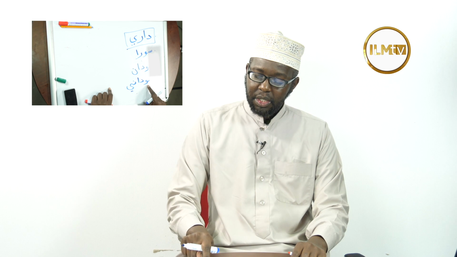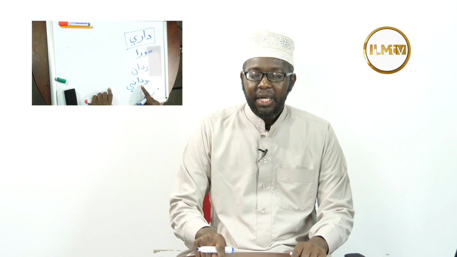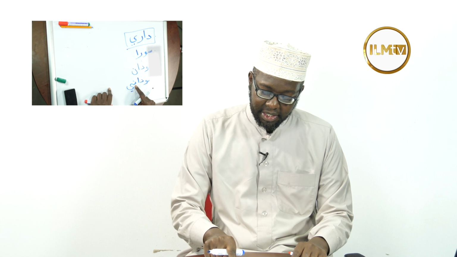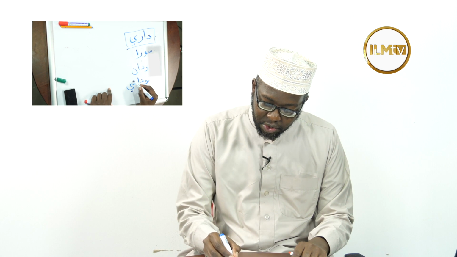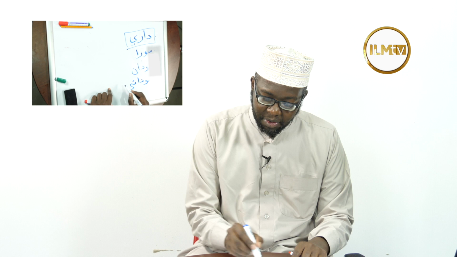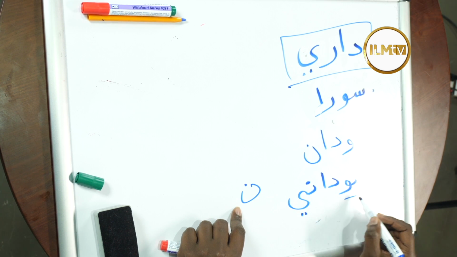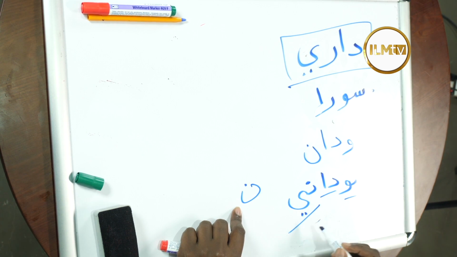And we have su again, da, and when you see a dot up here, we know it belongs to an N. So that's an N, and that is an E. So ni. Su, da, ni. Sudani is Sudanese, something from Sudan, or a person from Sudan.